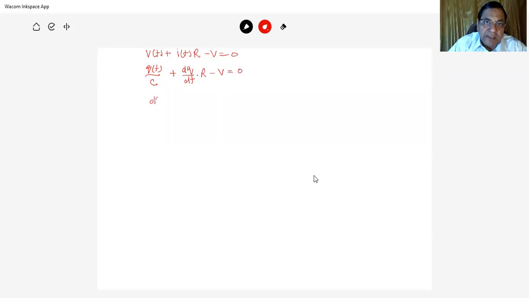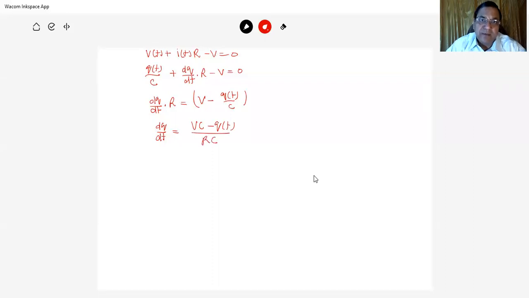R dQ by dt is equal to V minus Q(t) upon C. So we have dQ by dt is equal to V/R minus Q(t) upon RC. This is equation number 3.